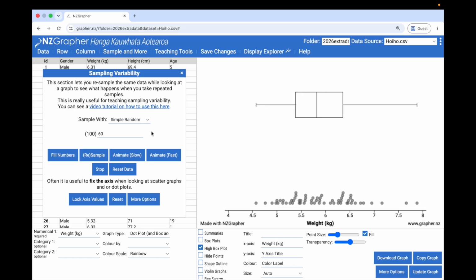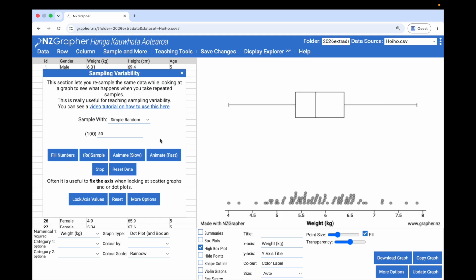So this is a really visual way for the kids to see that as sample size increases, we're getting a better representation of the population. Now, if I made this 80, given that we've only got a population of 100, that's going to shrink down even more.